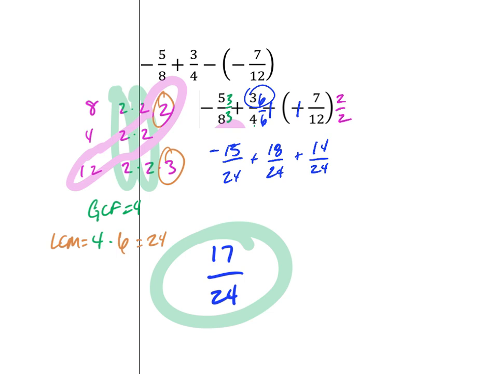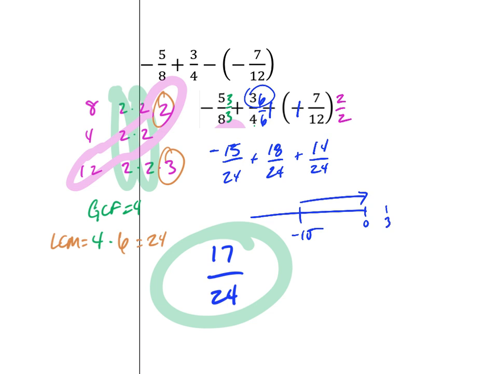Now, I'm going to be really honest with you. I don't add all these together. I look at this and say, oh, if I have negative 15 and I'm adding 18, I go past 0. I'm going to land at 3.